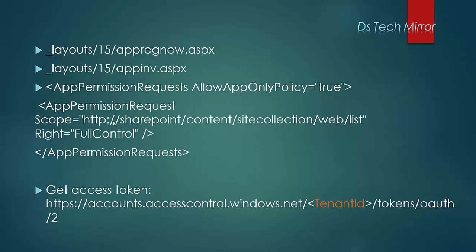And then in the flow where you will be generating the access token, this is the API which you will be using to generate the access token. In this, the highlighted part, tenant ID, you have to enter your tenant ID. The tenant ID you can get from site settings, under site collection app permission. From there you will see your app present over there, and the part after the @, that will be your tenant ID.